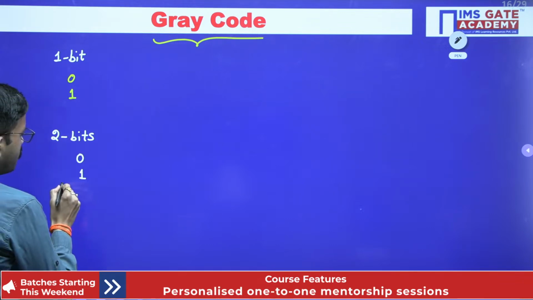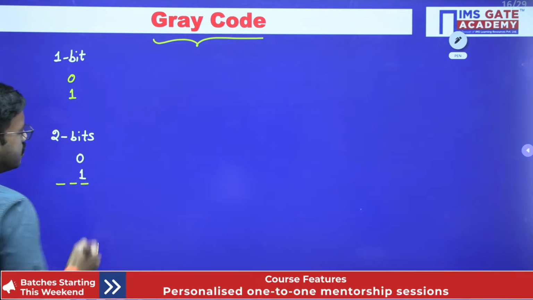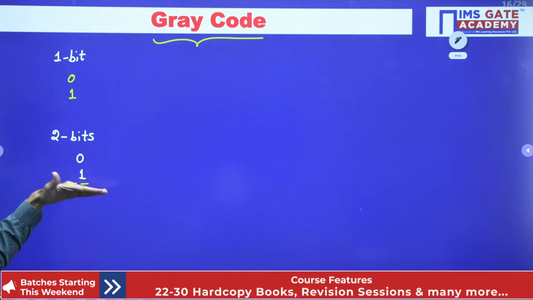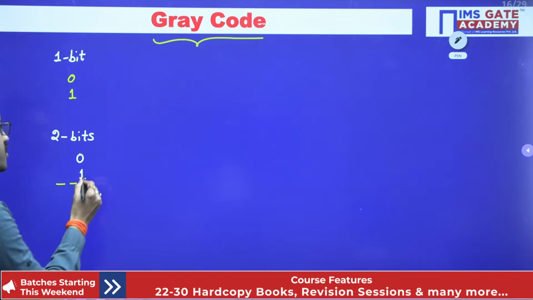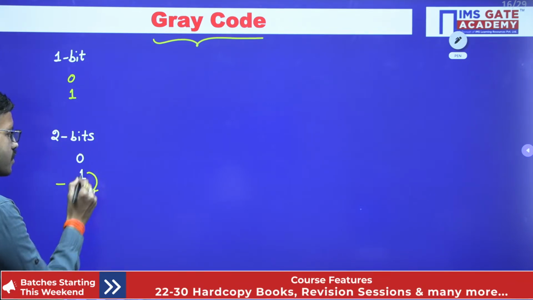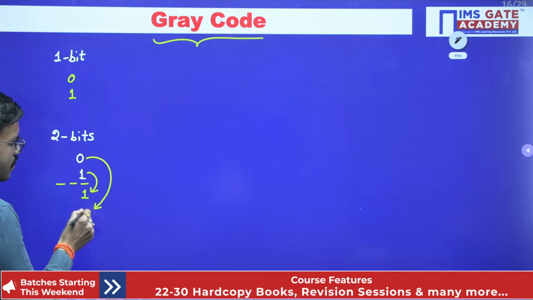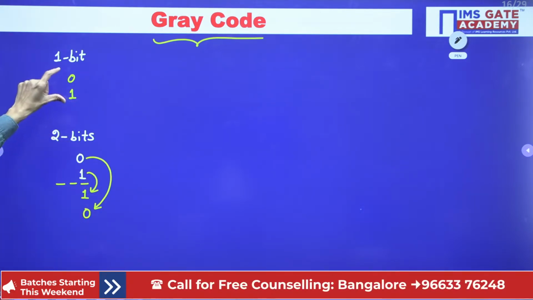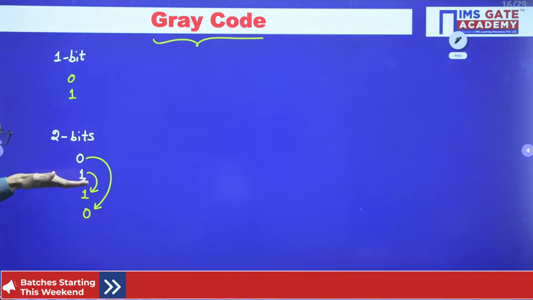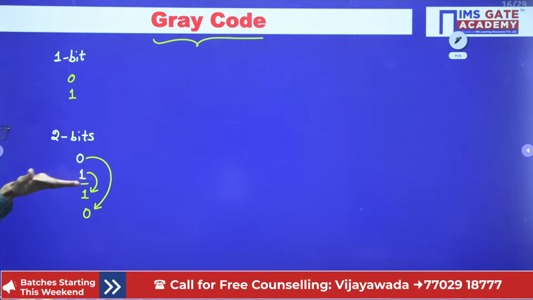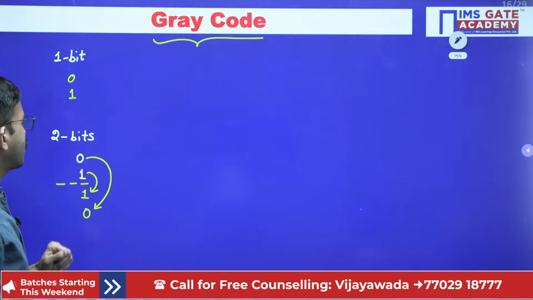Now suppose there is a mirror here. Then you will get a mirror image: you get 1 here and then 0 here. First step is, whatever the gray code of 1 bit you got, copy as it is. After that, assume that there is a mirror, and you get the mirror image.